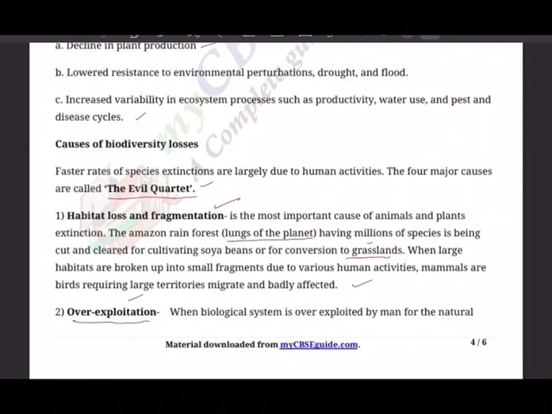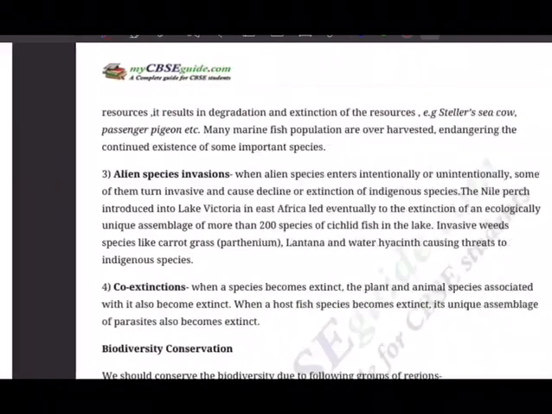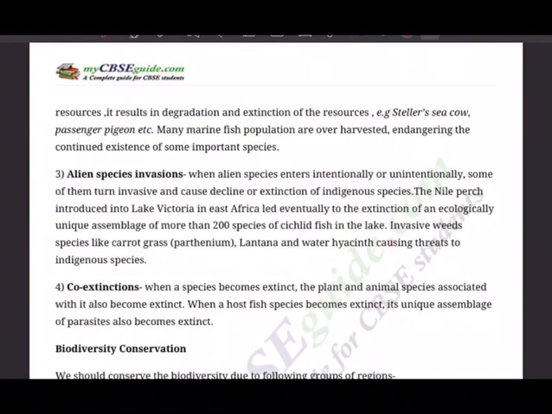And second, again we are responsible, overexploitation. When a biological system is overexploited by man for natural resources, it results in degradation. Already degradation of forests has taken place, and extinction of many species, which I have listed in my previous session. What are all the various animal species that have become extinct, and what are all the valuable plants, including medicinal plants, that have become extinct.